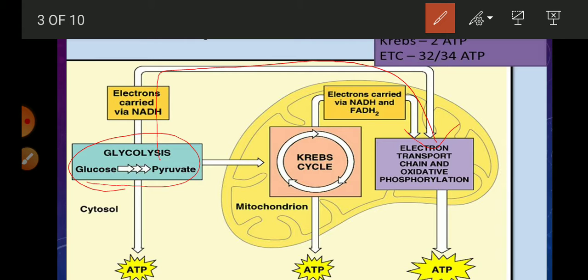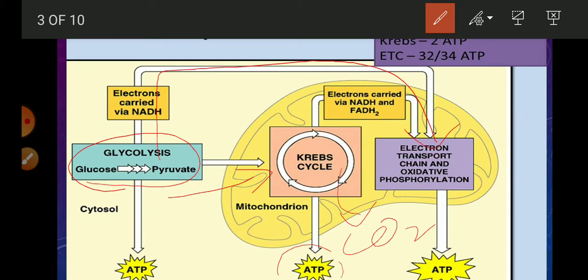Then after glycolysis, we studied the Krebs cycle. When pyruvate enters the Krebs cycle, it changes into acetyl coenzyme A, and then it moves into the Krebs cycle, in which carbon dioxide is released, as well as just a little amount of ATP.